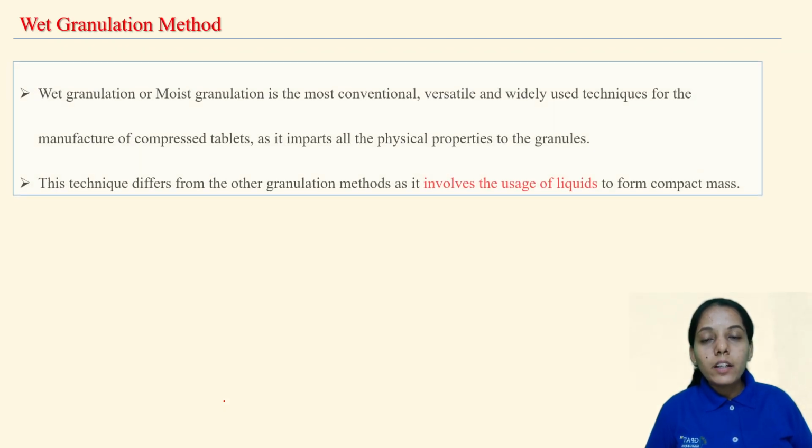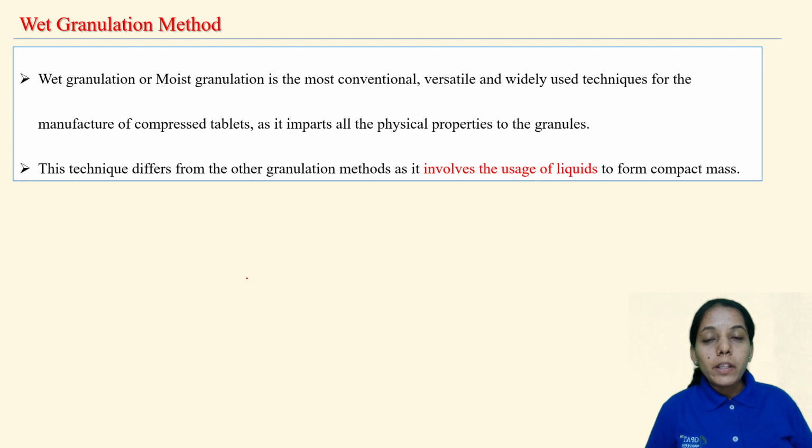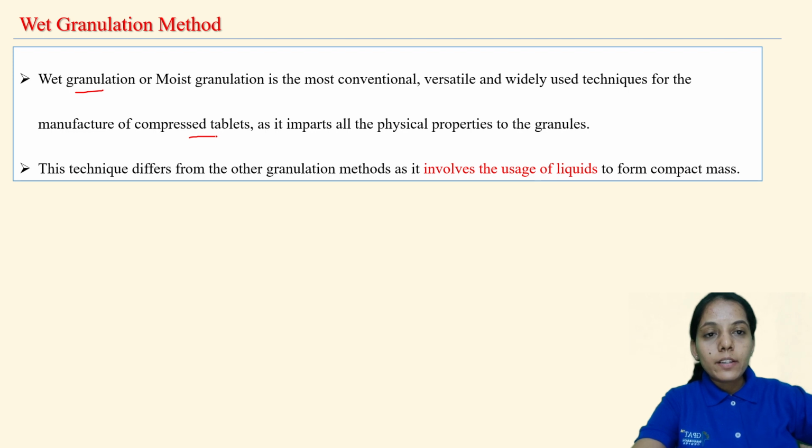Next, the third method is wet granulation. Because we are using liquid, it is also known as moist granulation. It is the most conventional, versatile and widely used technique for the manufacture of compressed tablets, as it imparts all the physical properties to the granules.